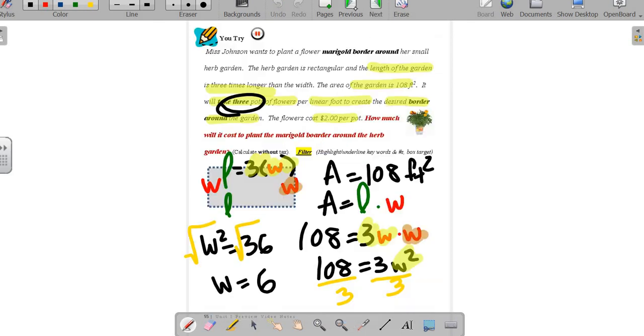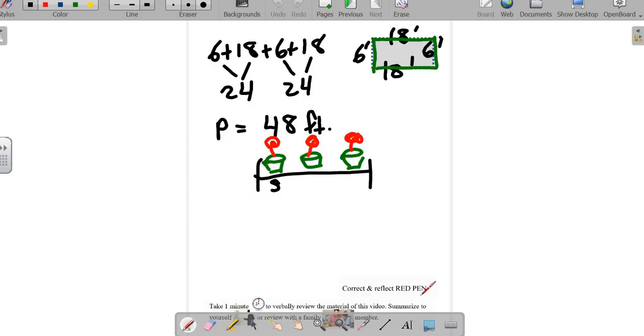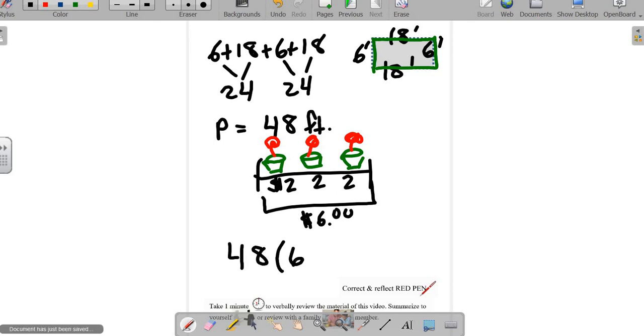And the flowers are $2 a pot. So for every square foot, you're going to spend $6 for the flowers. So to figure out the cost, it's going to be 48 feet times 6 per square foot.